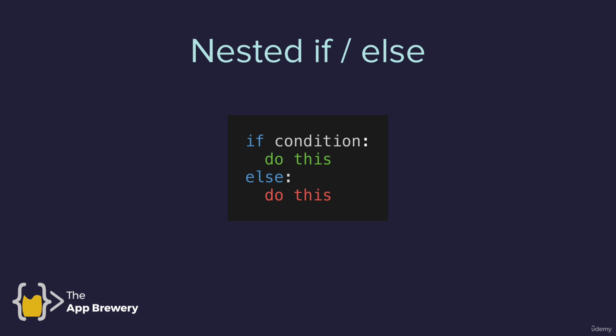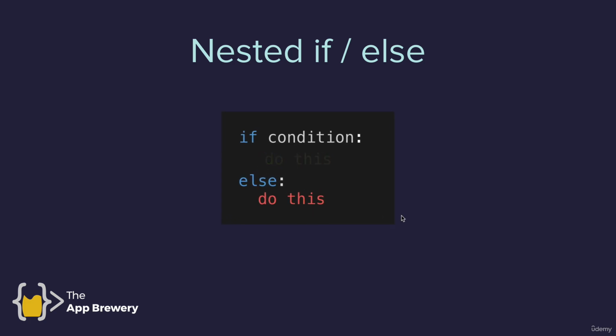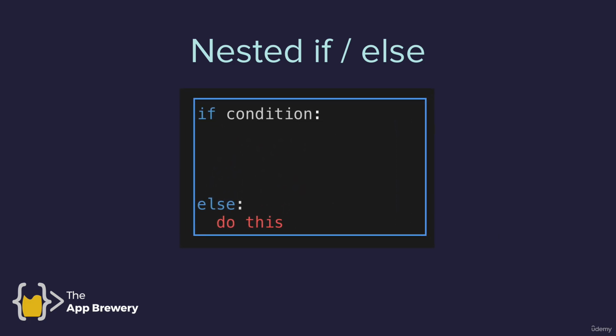We've seen our if-else statements look like this, where it's only got 2 choices. If this condition is true, do this, otherwise do that. But in a nested if statement, once the first condition has passed, we can check for another condition. And then we can have another if-else statement inside this if condition. In order for this thing to happen, this has to be true and this also has to be true.